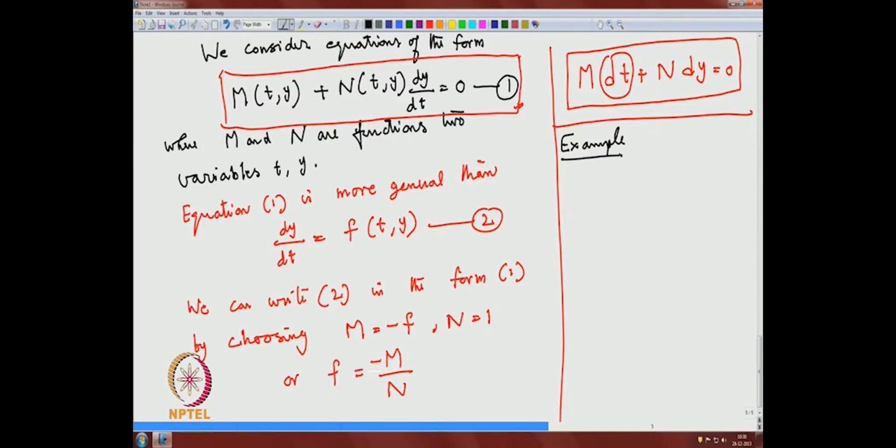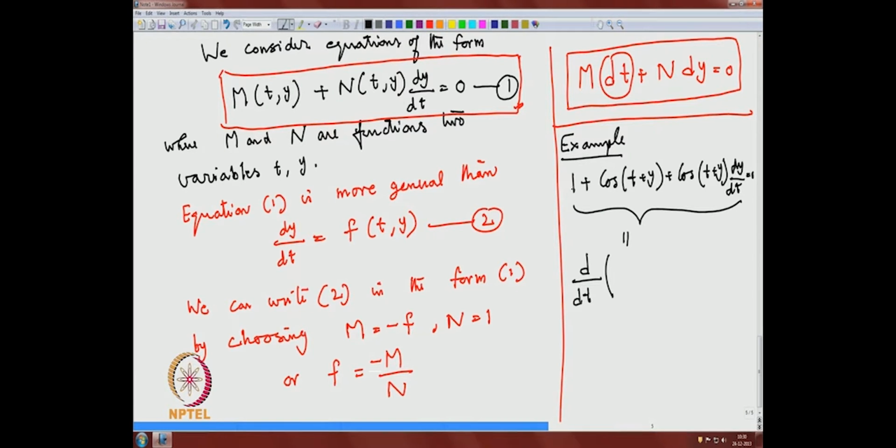Consider the equation 1 plus cos of (t plus y) plus cos of (t plus y) dy by dt equal to 0. You do not need much knowledge to see this.